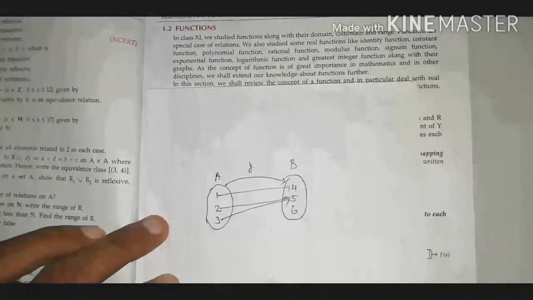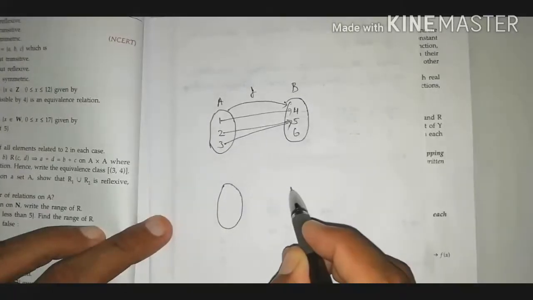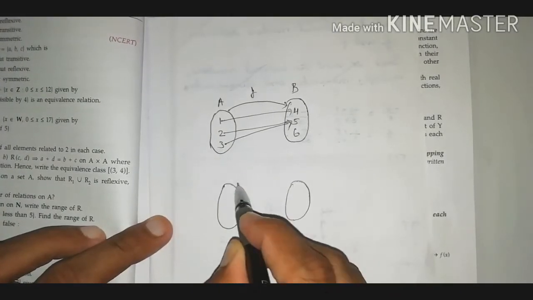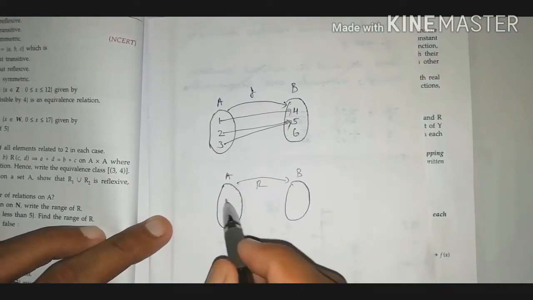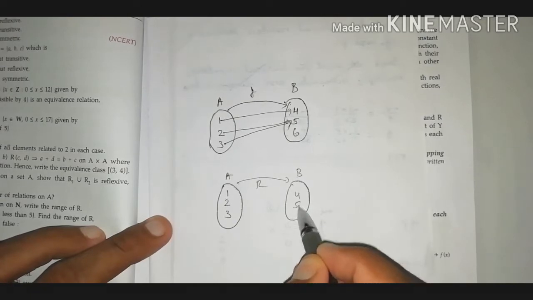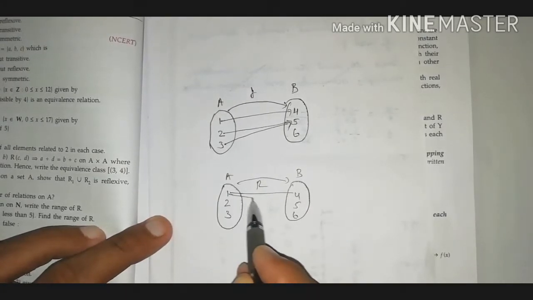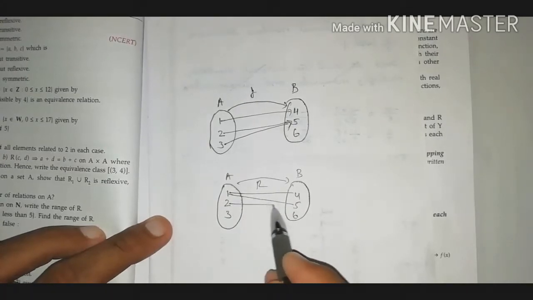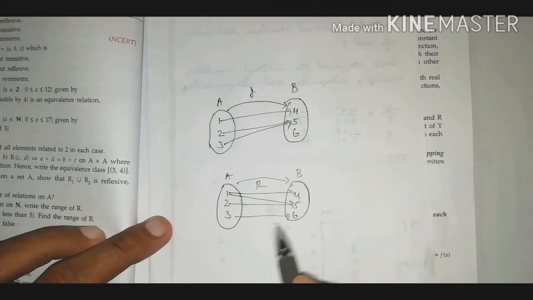Suppose we consider another relation like this, a relation from A to B, where the elements are 1, 2, 3 and 4, 5, 6. Suppose 1 is related to 4, 1 is related to 5, 2 is related to 5, and 3 is related to 6.